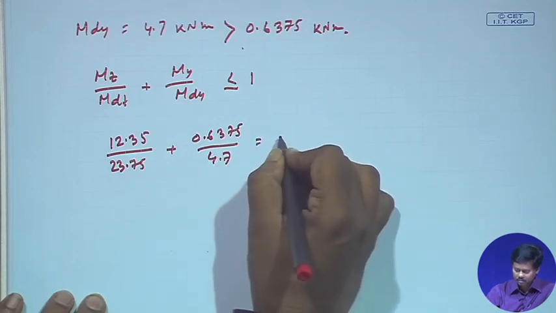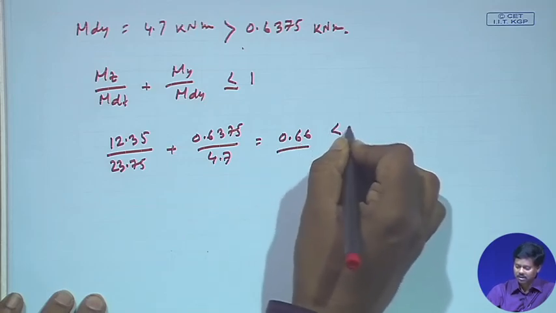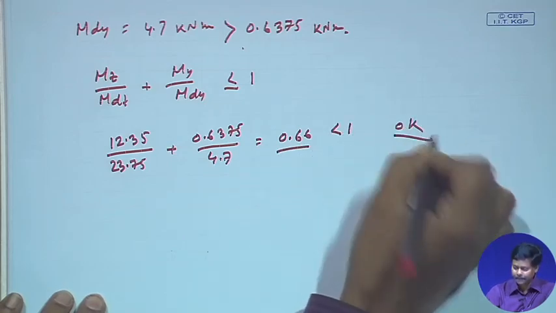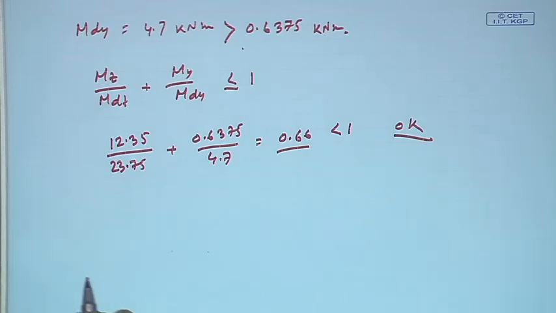So, that is becoming 0.66, right, and it is less than 1. So, okay. From the bending moment point of view, the section is okay. So, now what we need to do? We need to check for deflection, right.